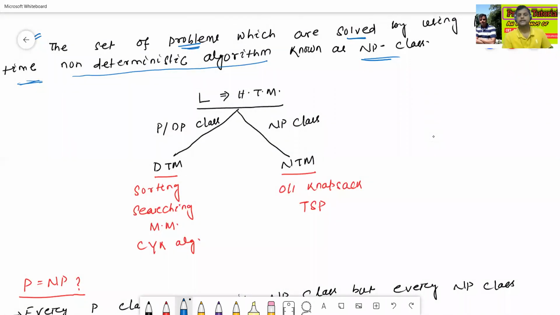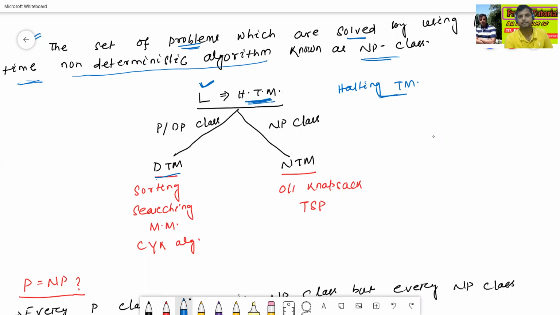The next concept: for any language, if a halting Turing machine (HTM) exists, the halting Turing machine will be divided into two parts.